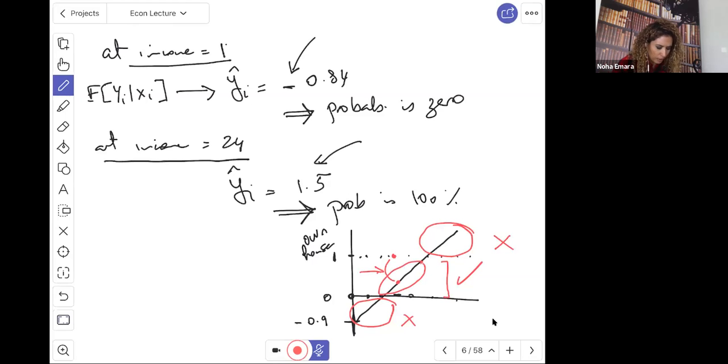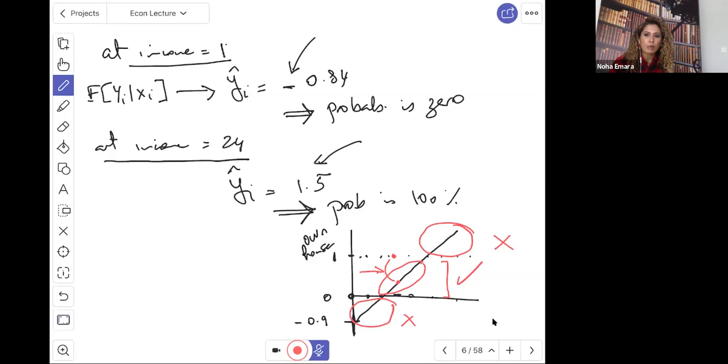Otherwise, all the other coefficient tests, like the t-test, the p-value, the confidence interval, the f-test, the joint test, carry on. Everything that we have done before is going to continue. The only problem is that the estimated values sometimes are negative, below 0, and sometimes above 1.